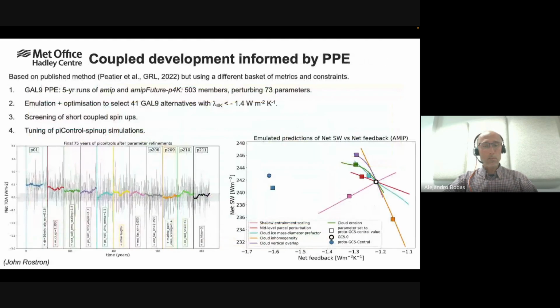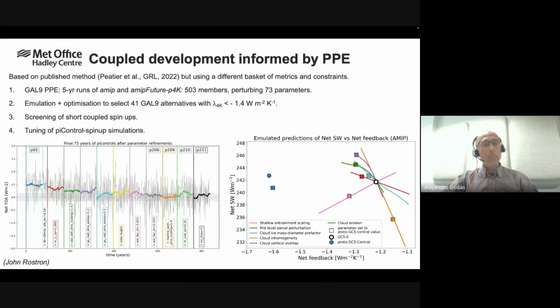Next slide, please. Right, so I'm going to spend the last 3 or 4 minutes talking about the methodology that we've used to develop this configuration and some of the trade-offs. The methodology is based on a published method by Peatier et al. in 2022, but we're using a different basket of metrics and constraints. The methodology basically applies to the first 2 steps that I'm listing there.